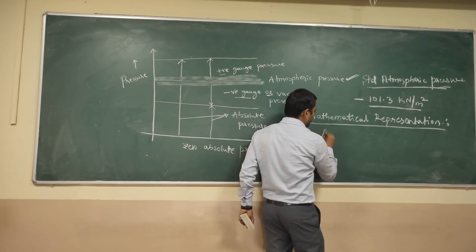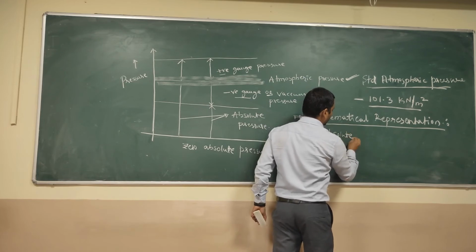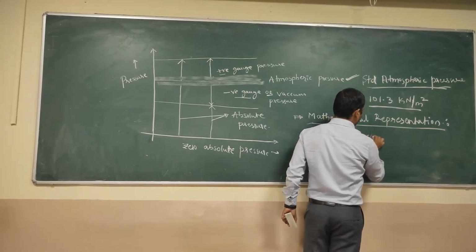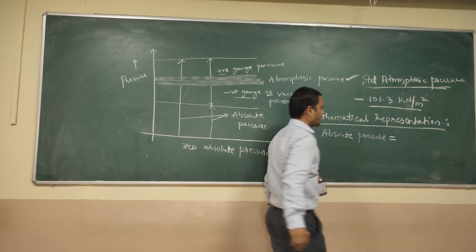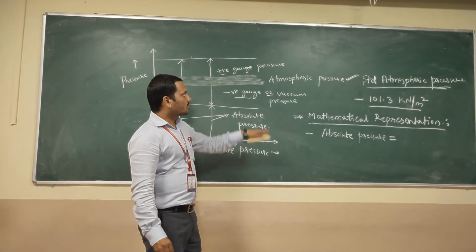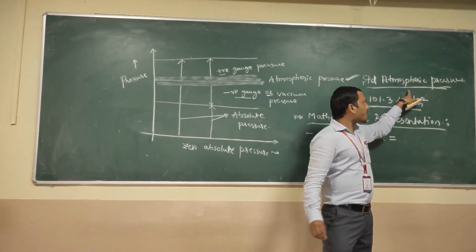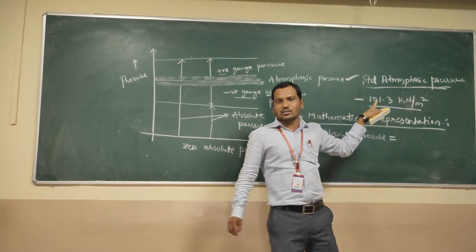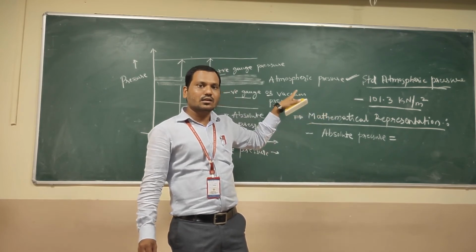Absolute pressure is equal to, as we already know, the standard atmospheric pressure, which is 101.30 kilonewton per meter square.